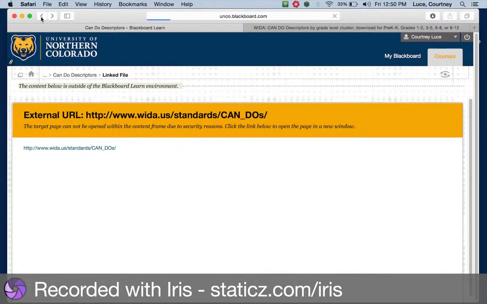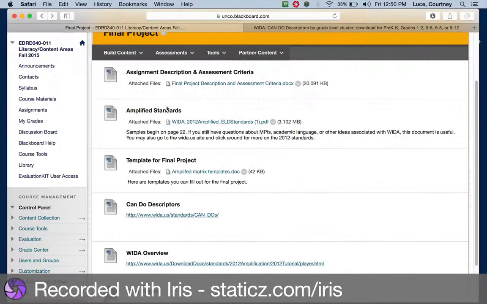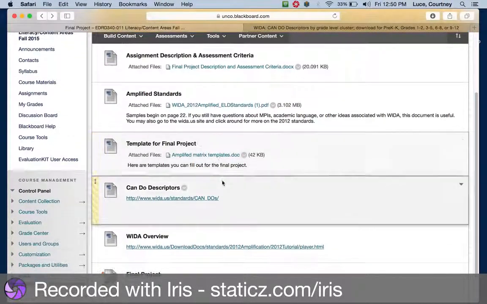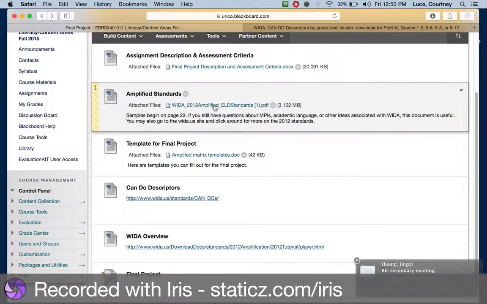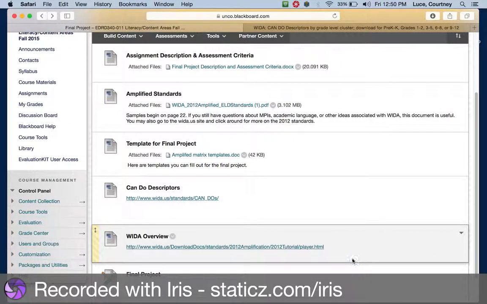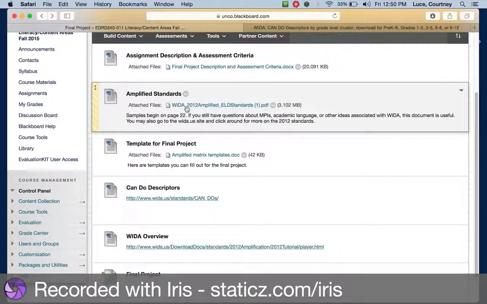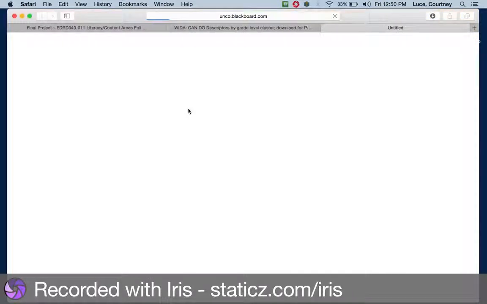If we go back here, we have another document called Amplified Standards. If we click on it, this document is really helpful.